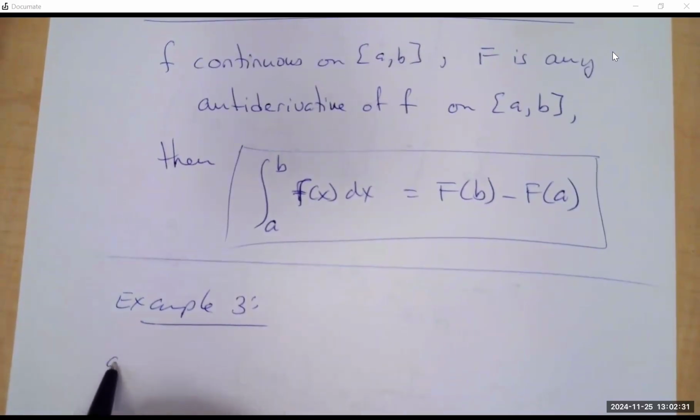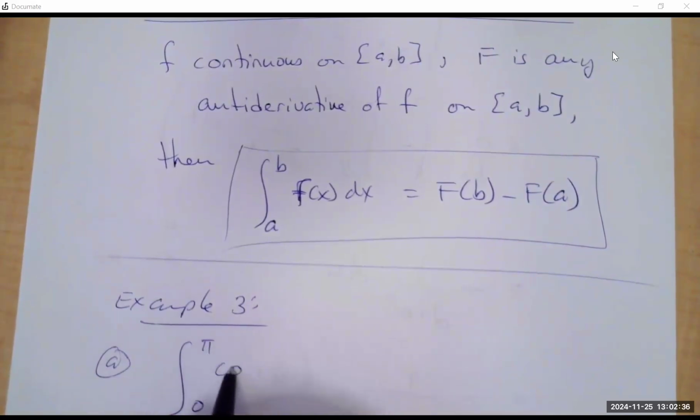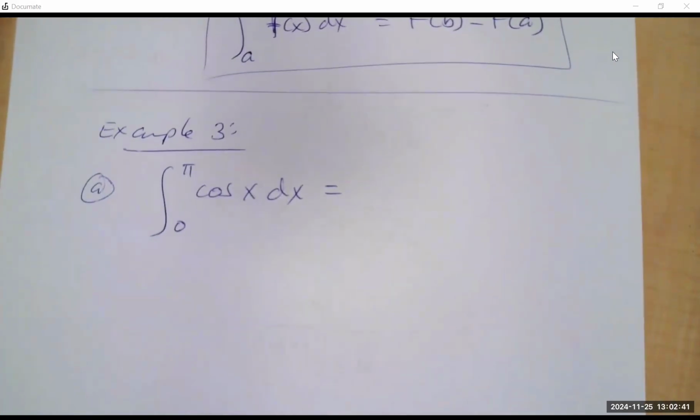Example 3a. From 0 to pi, cosine x dx. What is the definite integral of cosine x from 0 to pi? So what's the antiderivative of cosine? Do your circle. Just staring at it's not going to make me happy. What's the antiderivative of cosine?